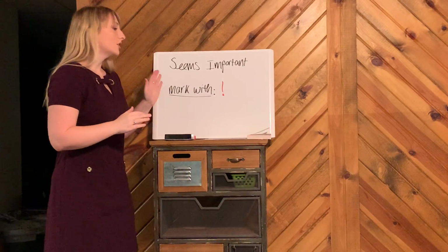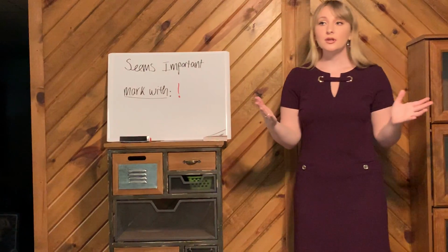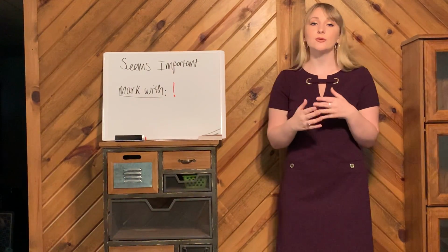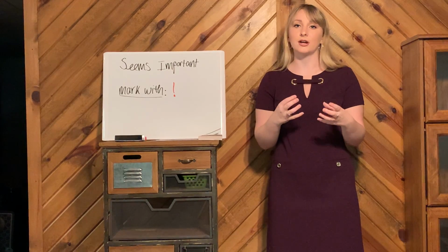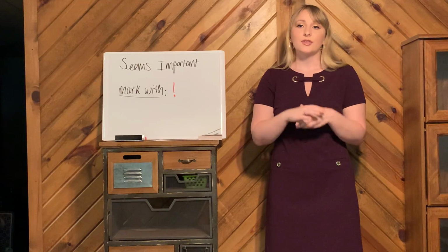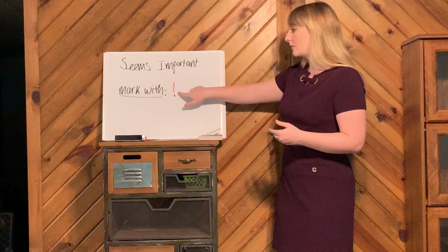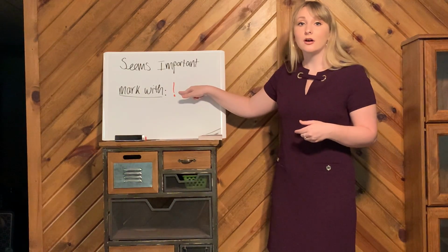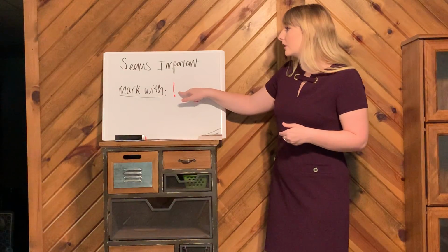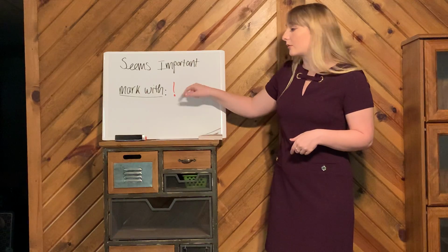Basically, you're going to mark any passage that might seem important to the overall theme of the play or the overall plot. Maybe there is an argument between two characters and you think it might be important later on in the story. You're going to mark that with an exclamation point. That way, when you go back through, maybe when you're writing an essay or going through your double column journals, you'll know that passage was important to a different scene or conflict that happens later on within the play.